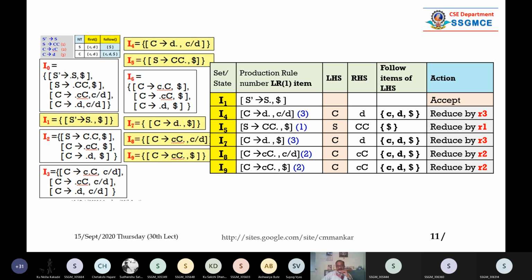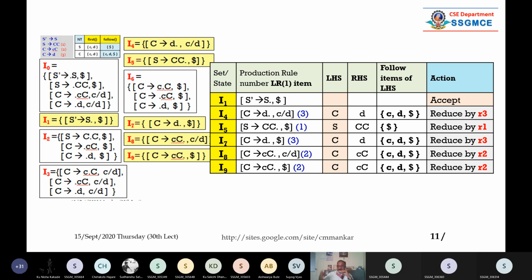Sometimes a set contains 3 or 4 production rules, but only one production rule has dot at the end, and we have to think only about that. Luckily here only a single production rule is there in each box. But many times it depends on the structure and design of the grammar that out of 3 or 4 production rules, only one contains dot at the end.